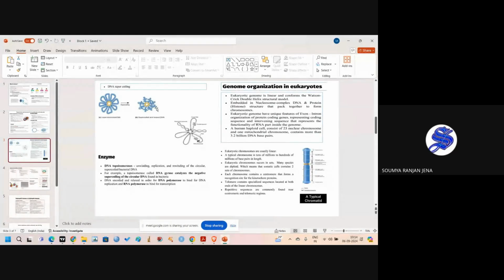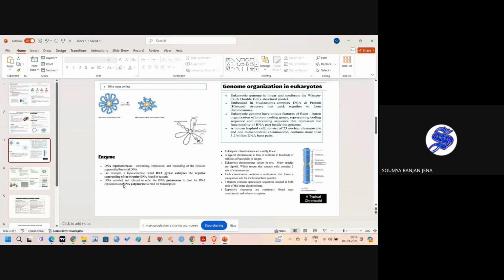If we unwind this supercoiled loop DNA, replication will occur. After replication, the circular supercoiled bacterial DNA will rewind. One example of DNA topoisomerase is DNA gyrase, which catalyzes negative supercoiling. This negative and positive supercoiling, as we described in the C value paradox, applies to the circular DNA found in bacteria.